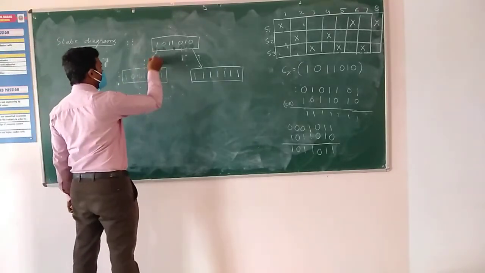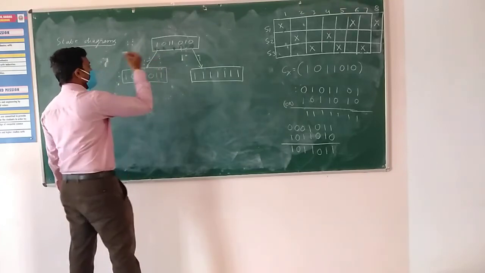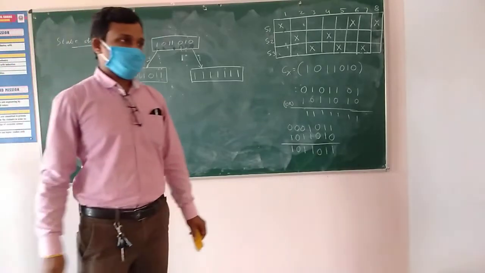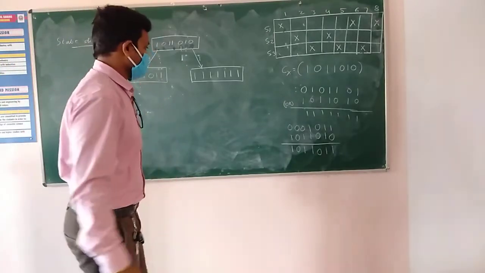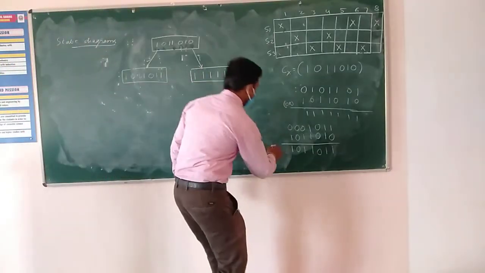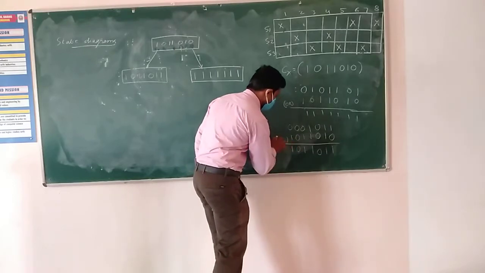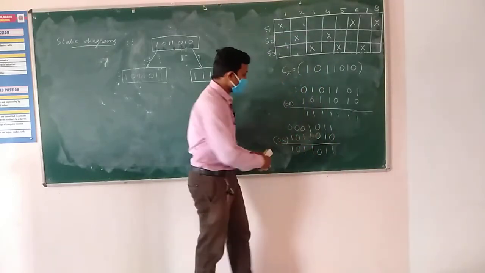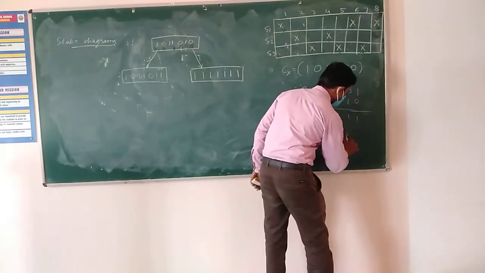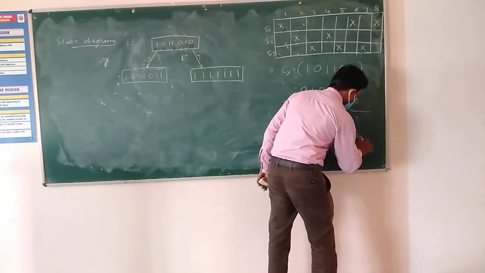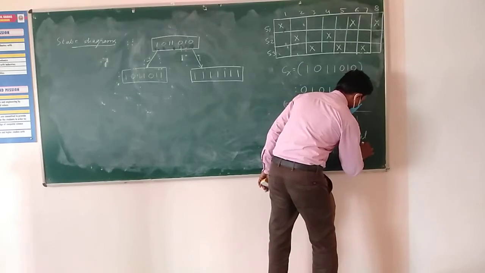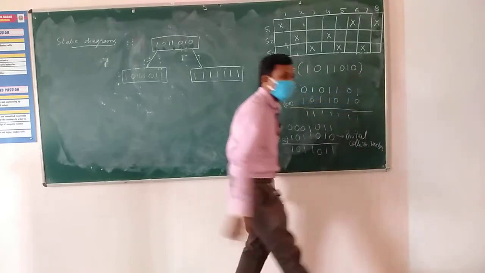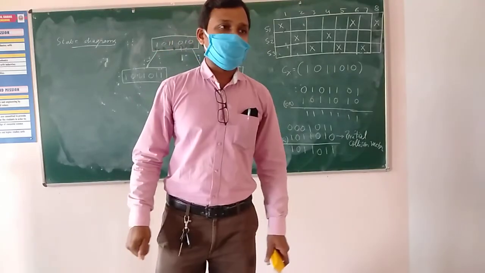By performing a 3-bit right shift. Correct? Next, bitwise OR. And what is this? This is the initial collision vector. Right?